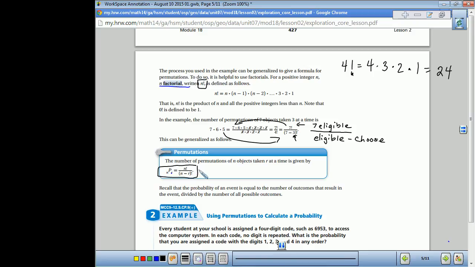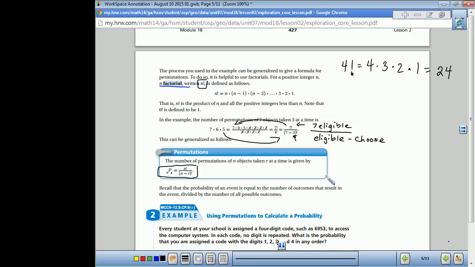And this is really kind of where the counting principle came from. The number of permutations of n objects taken r at a time. In our case, we had 7 people. We were choosing 3. N objects taken r at a time is the permutations of n choose r equals n factorial over n minus r factorial.